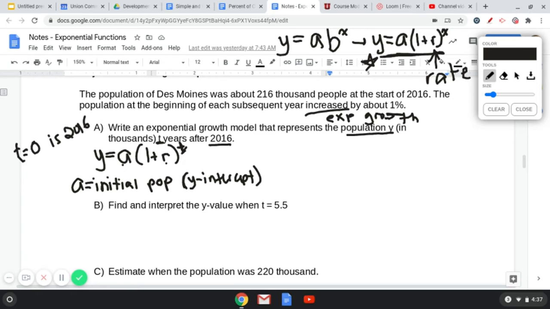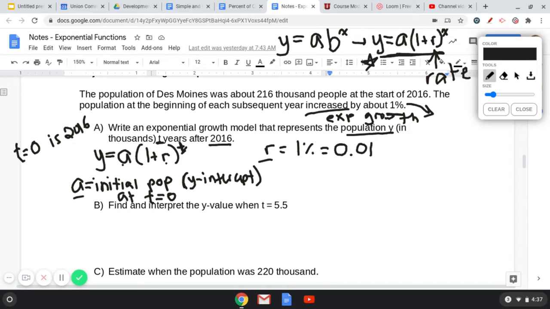This is the population at t equals 0. And our rate, so this 1% is our rate. So r for us is 1%. We're going to use this in decimal form. So 1% as a decimal equals 0.01. Remember, we just divide by 100 to get from percent to decimal. All right, class, we know a, we know r. That's all we need to know.